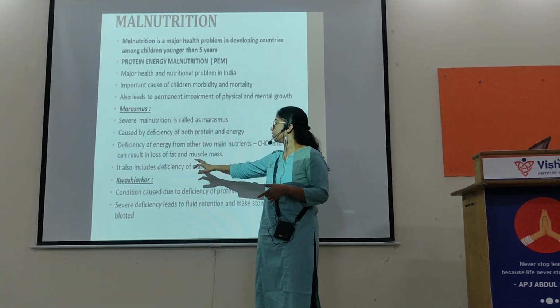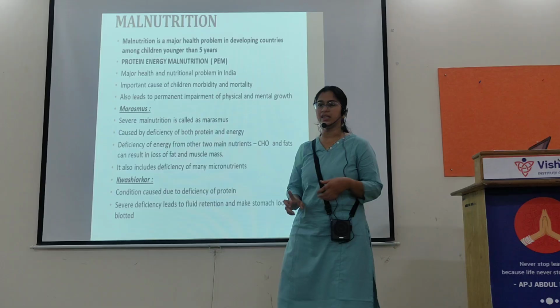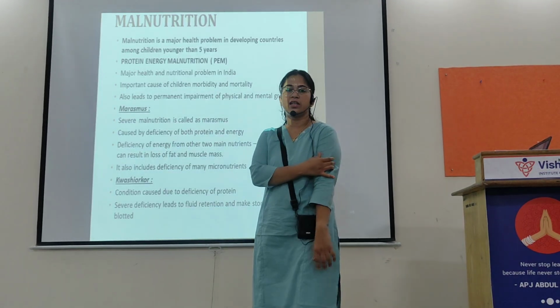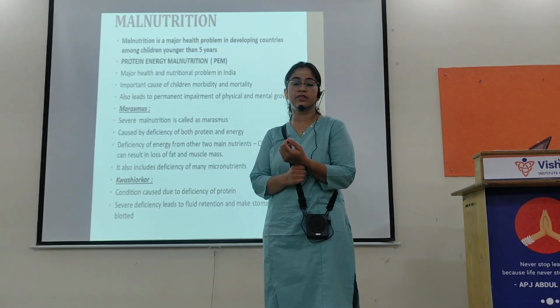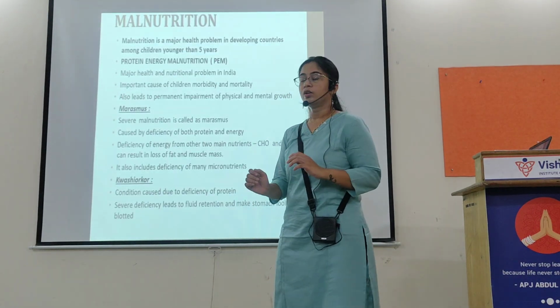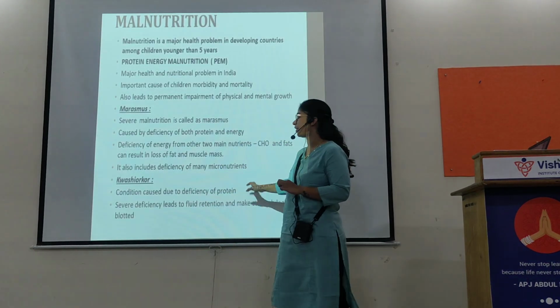It may result in the loss of fat and muscle mass. The body appears very thin, okay? The muscles are very flabby, okay? And there is not even a mass there, okay? It also includes deficiency of many micronutrients.